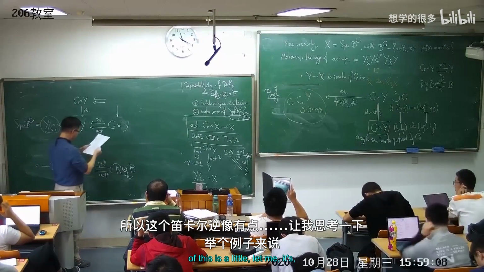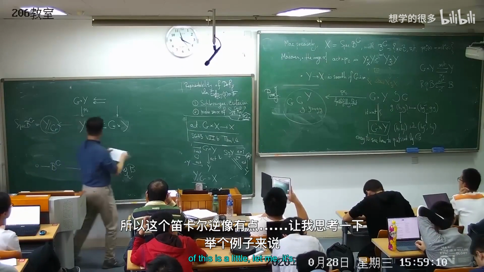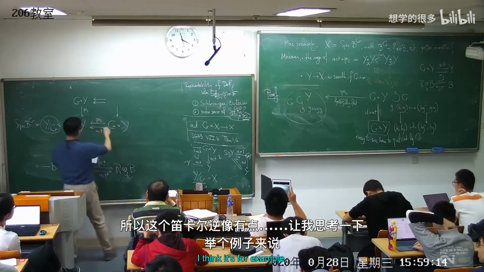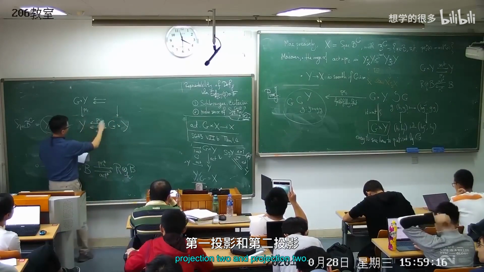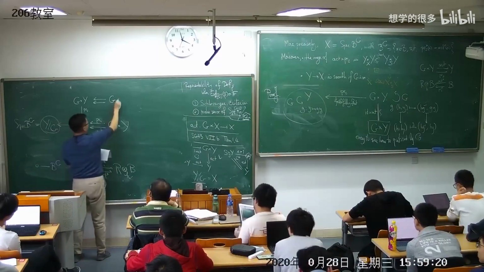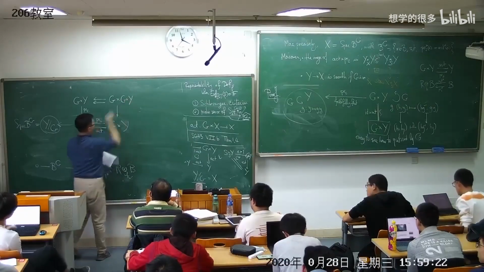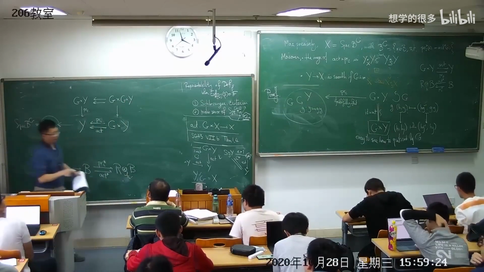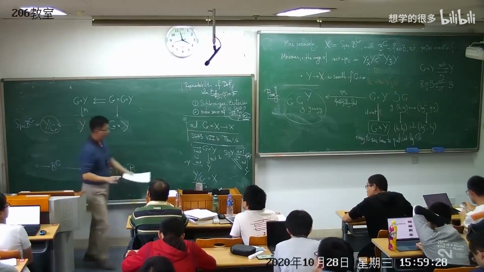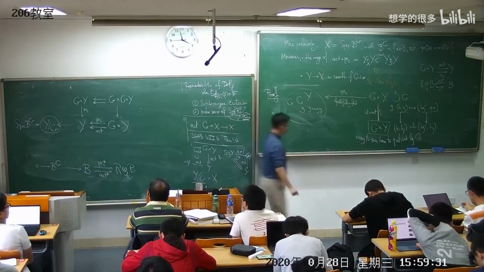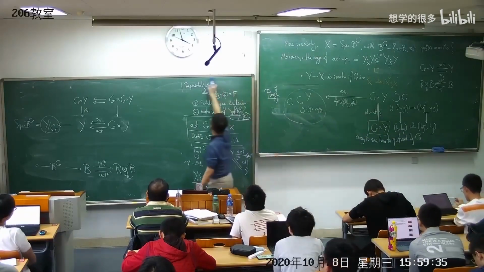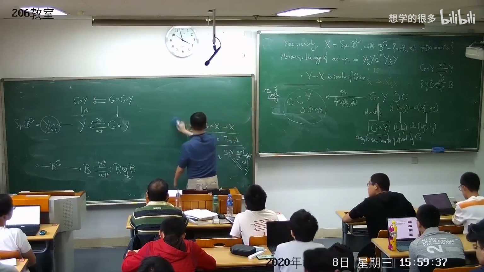So the Cartesian pullback of this, it's relative, for example, projection 2 and projection 2. So you see that basically each time you do a projection, you get an extra factor of G. So you just have that. Right? Let me make the map a little bit more explicit. How to make this map?